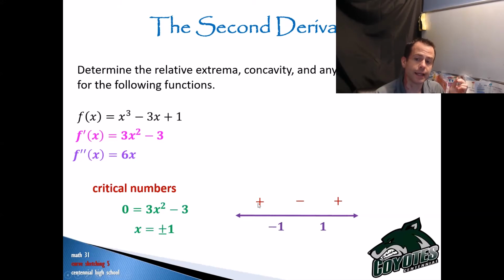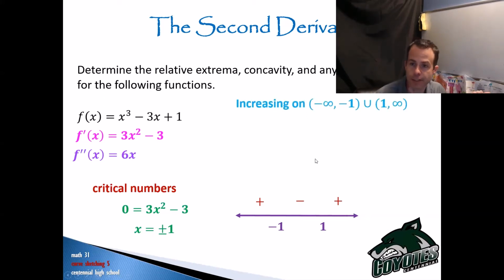I'm going from positive to negative there, so I have a local max at -1 comma something. I have to figure out my something, so I just plug -1 back into my original function to get the y value. And I have a local minimum at 1 comma something. Again, I'm going to plug that 1 back into my original f of x.